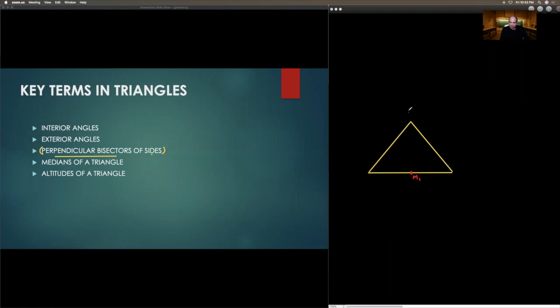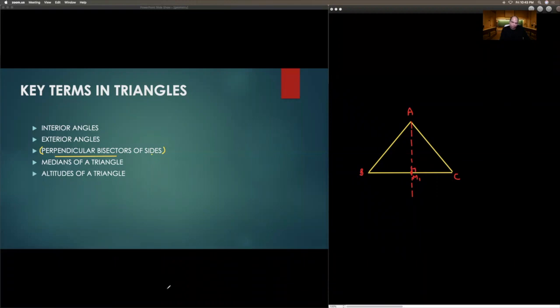let's say this is the triangle ABC, and I call this M1. And if you draw the perpendicular to that side from that midpoint, and you extend that perpendicular on both sides, this is referred to as the perpendicular bisector of this side, of the side BC.